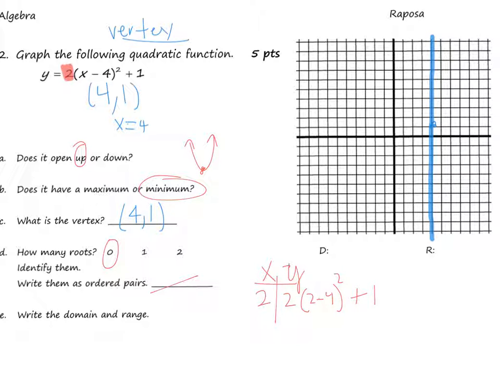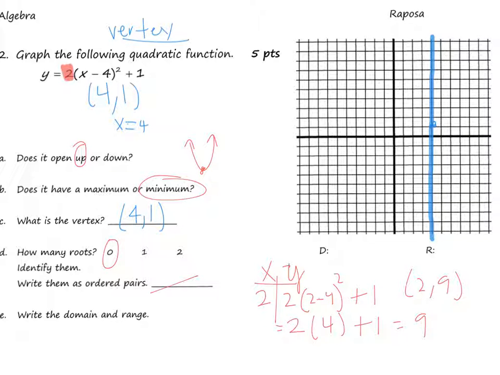Let's see what this comes out to be. We've got 2 times negative 2 squared, which will be 4, plus 1. That's going to be 8 plus 1, which is 9. So when x is 2, y is 9.